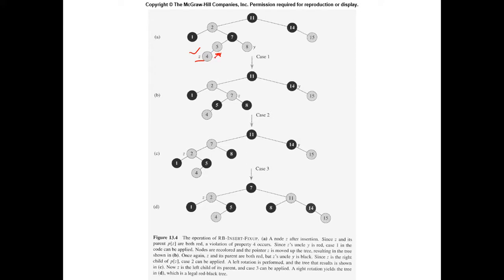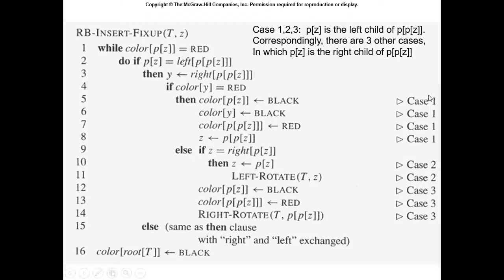So under which particular case is it coming? This is the first case I'm considering, right? In that case, I apply the required mechanism that is mentioned here. This is case one. So see what is happening with the color of y. Y is what?